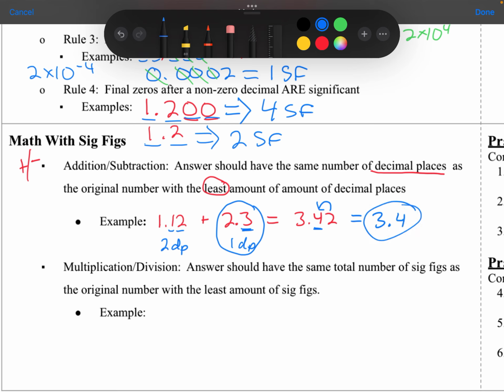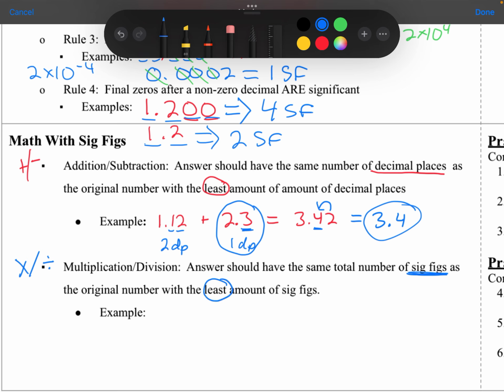All right? Our second rule down here is for multiplication and division. That states that if I'm doing multiplication and division, my answer should have the same number of significant figures as the original number with the least amount.